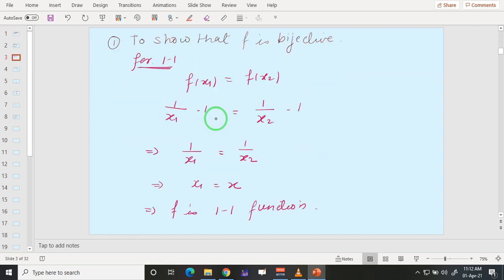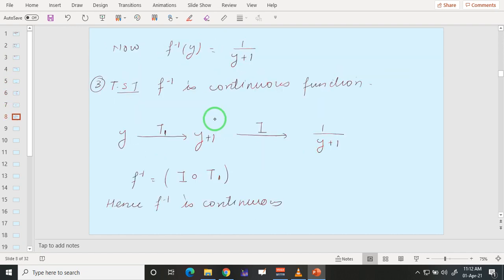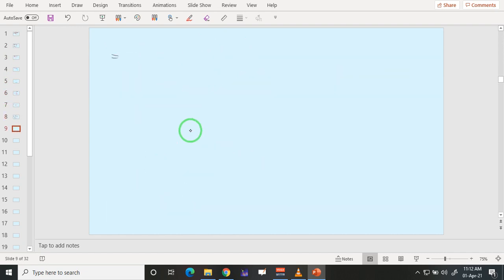This implies the two intervals in the usual topology, the domain and the codomain, open interval 0 1 and open interval 0 to infinity, are homeomorphic.